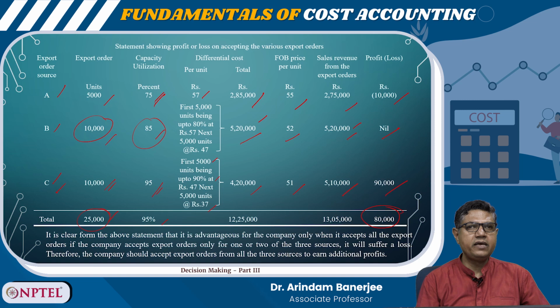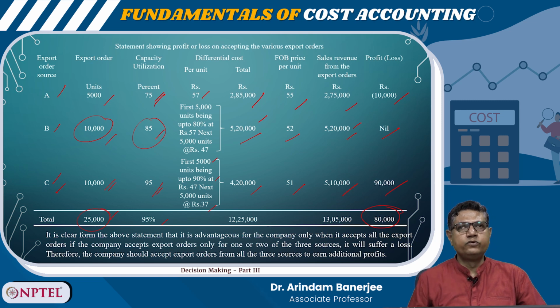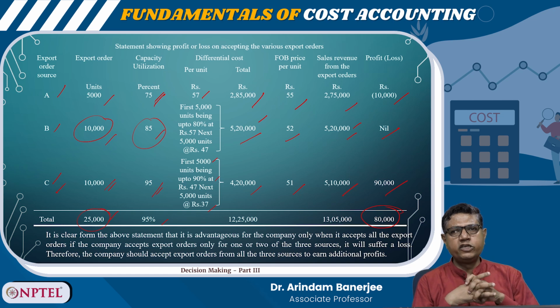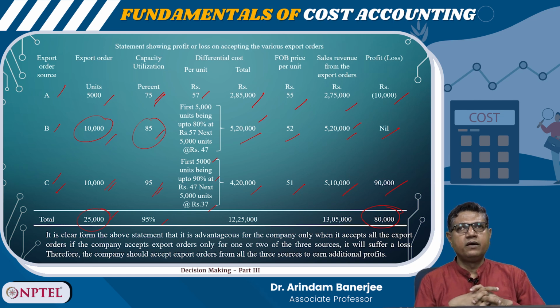If the company accepts export orders only for one or two of the three sources, it will suffer a loss. Therefore, the company should accept export orders from all three sources to earn additional profits. So, we discussed the decision making process for export orders in these three problems.